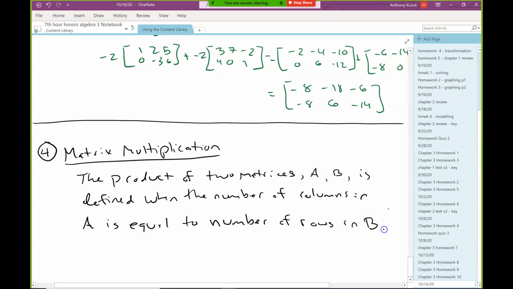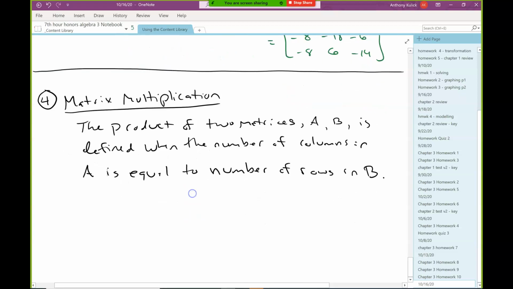My recording stopped for a second. The product of two matrices A and B is defined when the number of columns in A is equal to the number of rows in B. That's already rather strange, right? In fact, even if the dimensions are equal, they might not be able to be multiplied together. Let's look at a little example here.